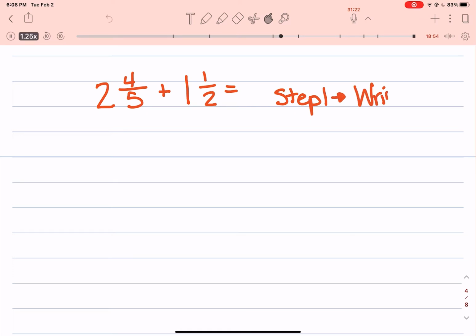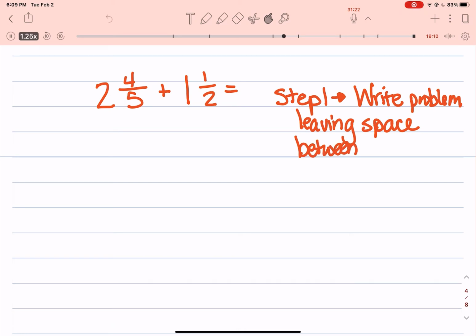Write problem leaving space between each number. All right, so let's do that. 2 4/5, leave some space, 1 1/2. Okay.